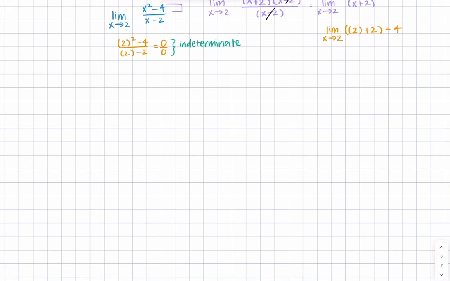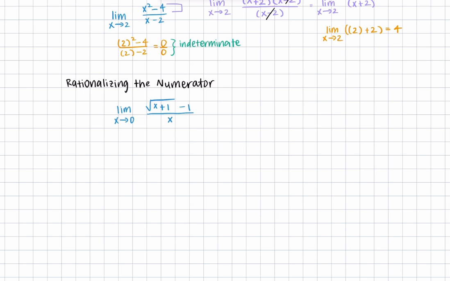Let's look at another form of evaluating a limit. This is called rationalizing the numerator. Let's say we had the example, the limit as x approaches 0 for the function square root of x plus 1 minus 1 all over x.